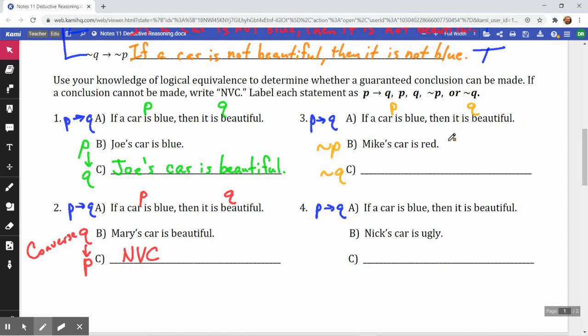And so since we don't have any information to tell us what to say about a red car, this is another case of no valid conclusion, that NVC. No valid conclusion. Maybe this car is beautiful, maybe it's not. And the reason for that, think this through. We have a statement that starts with the opposite of P and ends with the opposite of Q. That's called the inverse.